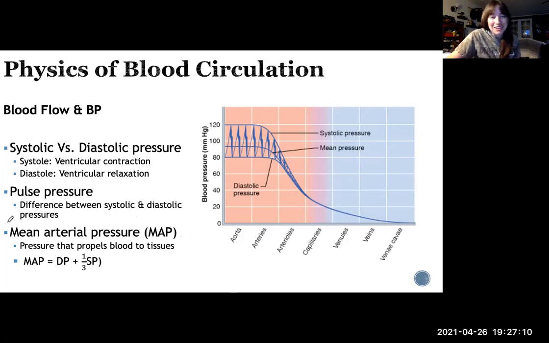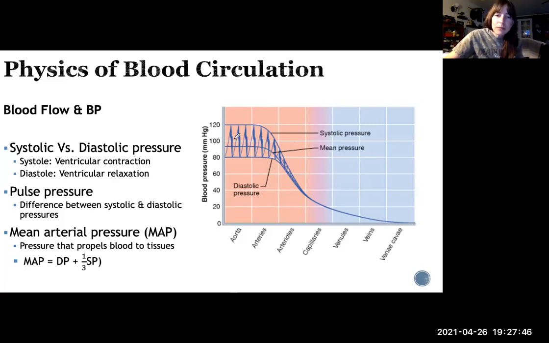What doesn't make sense about it is that the mean is usually the average of something, but in this case, the mean arterial pressure is actually the diastolic pressure plus about 1/3 of the systolic pressure. You don't have to know this formula. It's just in case you were wondering, it's not right in the middle. You can see in this chart that the mean pressure is a little bit lower than what it would be if it was actually dead center between the systolic and the diastolic pressure. So it's diastolic plus 1/3 of systolic, okay?